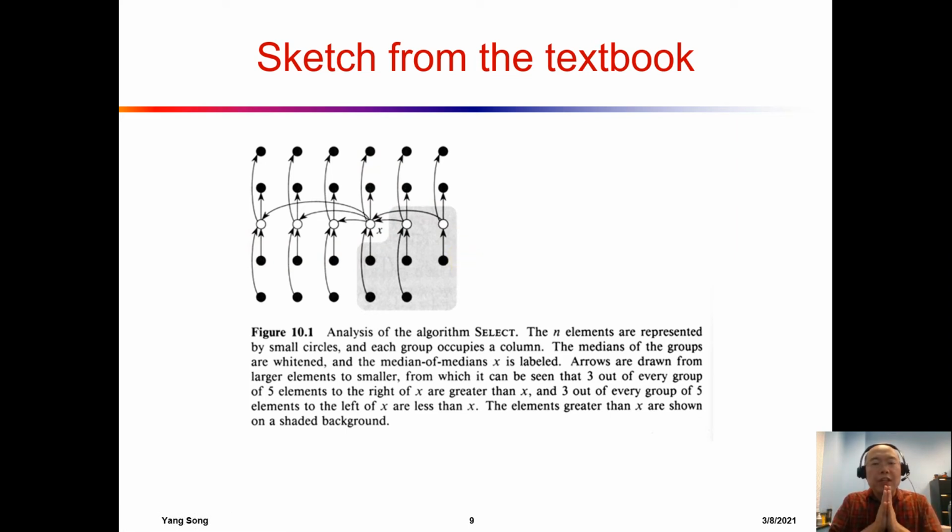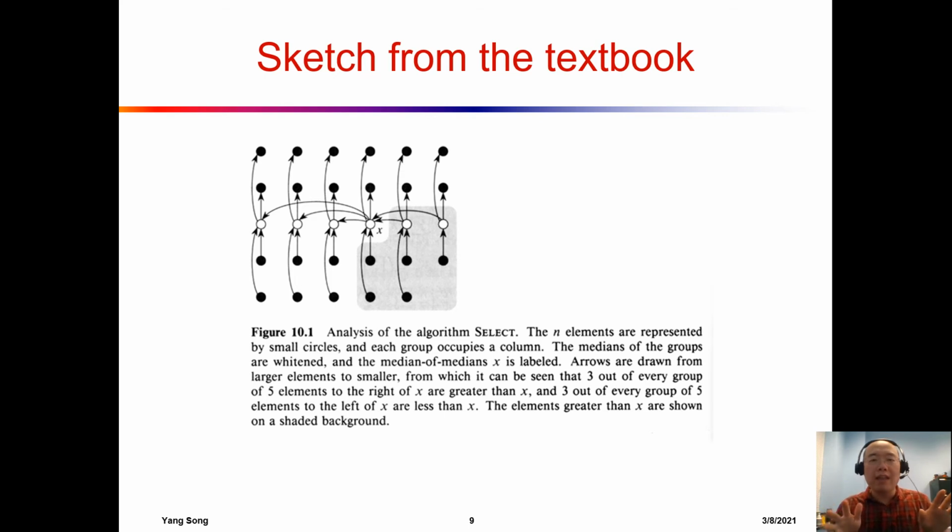Okay, and then we come back to the partition idea. For each partition, as long as we find the pivot, we can use x as the pivot, and then we know one thing: there are at least roughly 1/3 of the values greater than x. There are at least another one third of the values guaranteed to be smaller or equal to x.